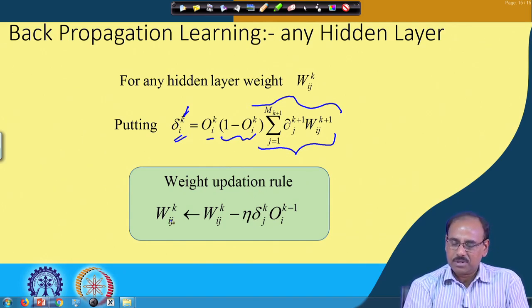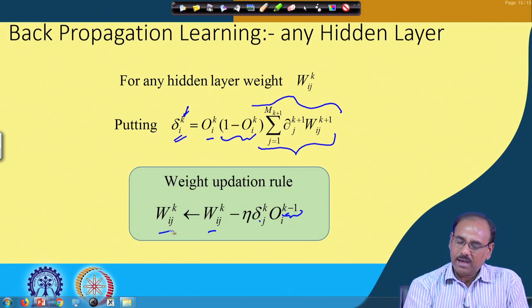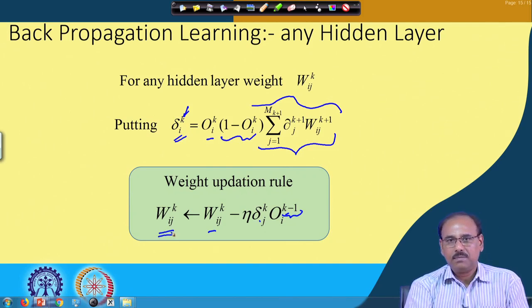and using this my weight updation rule in the kth layer simply becomes W_ij getting W_ij minus eta times delta_j^k times O_i^(k-1). This O_i^(k-1) is the output of the ith node of the (k-1)th layer. Using this I can update the weights of any of the hidden layers.